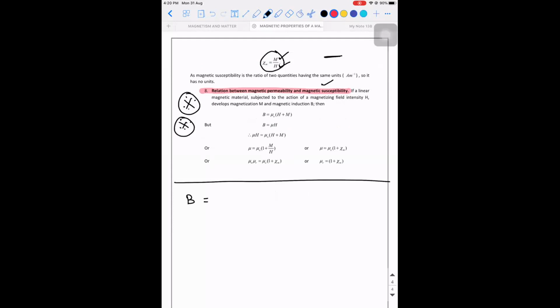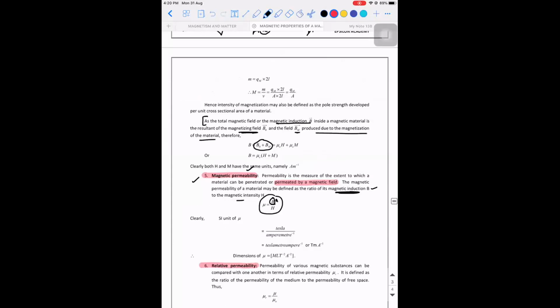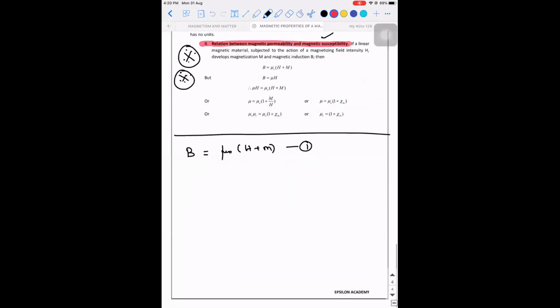If I take B, according to the second definition, you remember this, B is equal to mu naught into H plus M. Let me call this equation number 1. And according to the fifth equation, I can write B is equal to mu into H, because mu is equal to B by H. Let me call this equation 2.